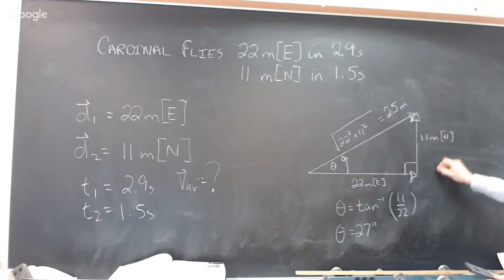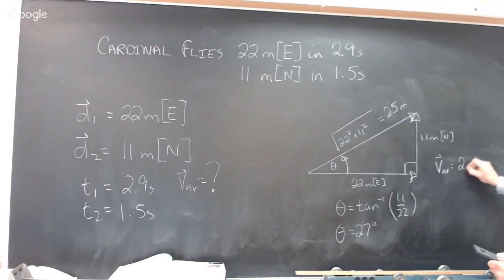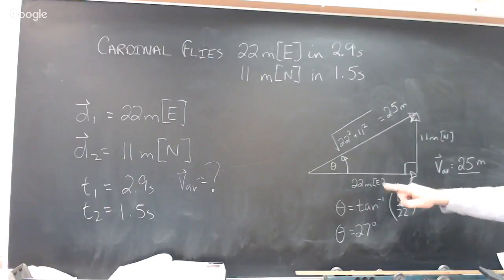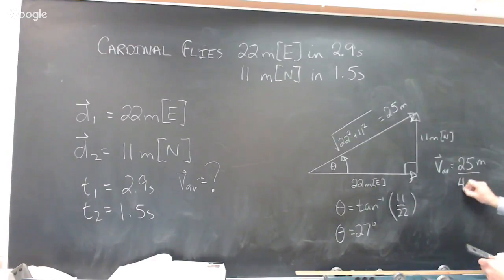And so we would say the average velocity of this cardinal is 25 meters. And we'd have to divide that by the time, which is 4.4 seconds. And we would say that is 27 degrees. No, we would actually say east, 27 degrees north.